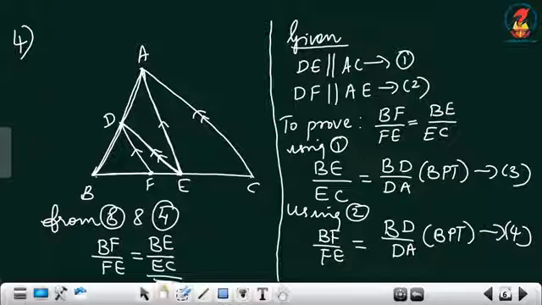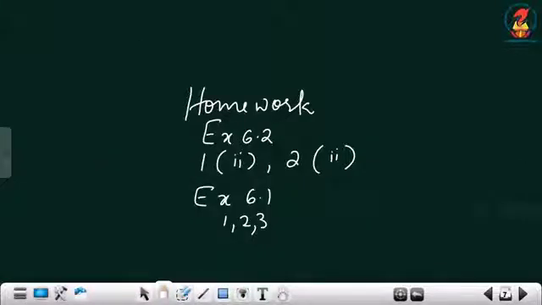This is the final result. Then homework: exercise 6.2, first question, second subdivision, second question, second subdivision, then exercise 6.1, questions 1, 2, 3.